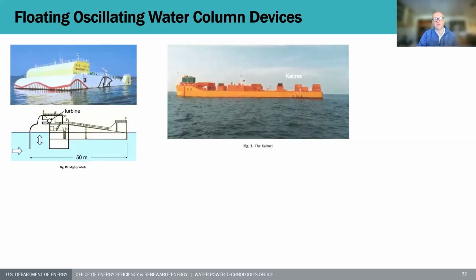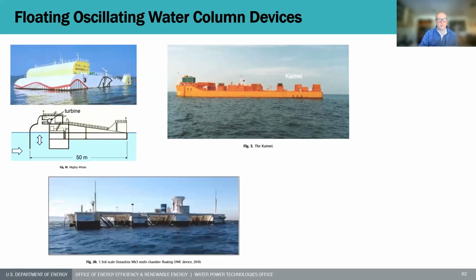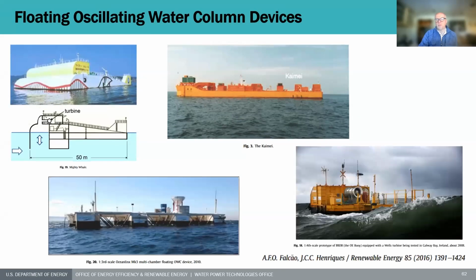There's more floating devices. A large test bed has been used, a kind of converted ship with several oscillating water columns. All of these boxes that you see are air chambers. That has been a test bed for oscillating water columns. Another Australian device with several chambers, and an Irish technology, which is now in larger scale, built also in the US and ready to be tested in the Navy test site, the OE buoy, which is a backward bent duct buoy.